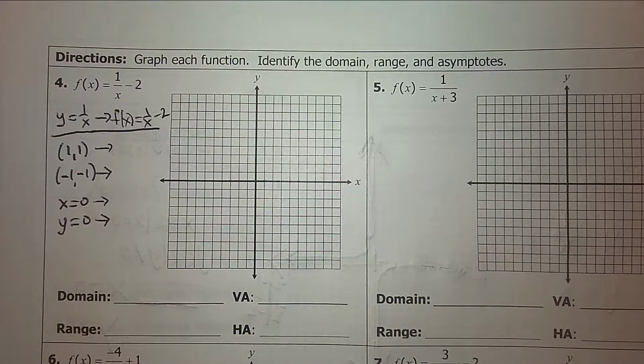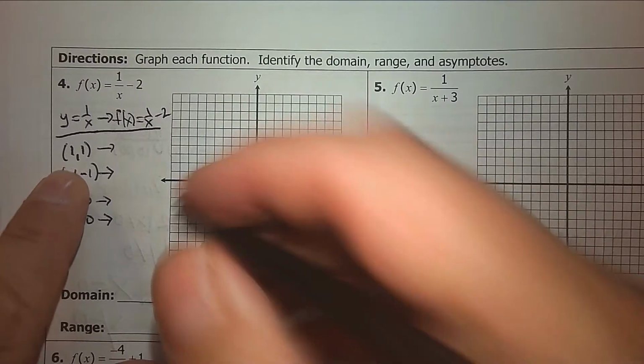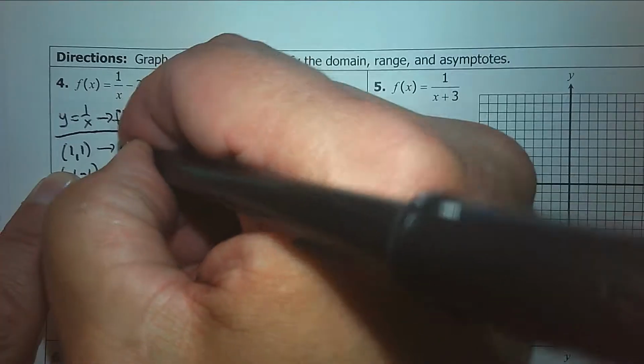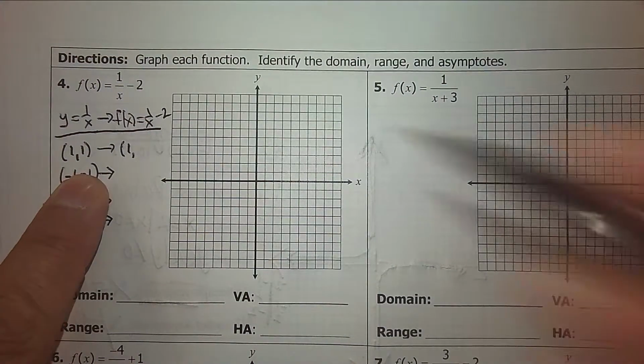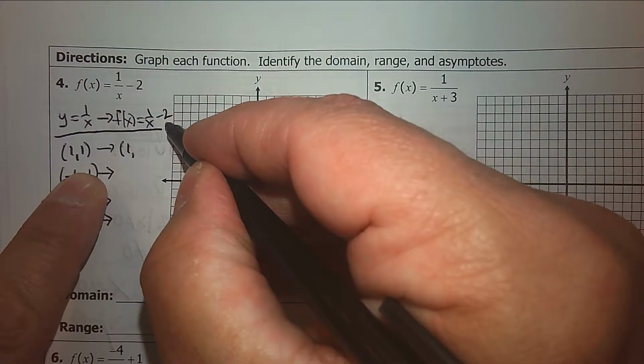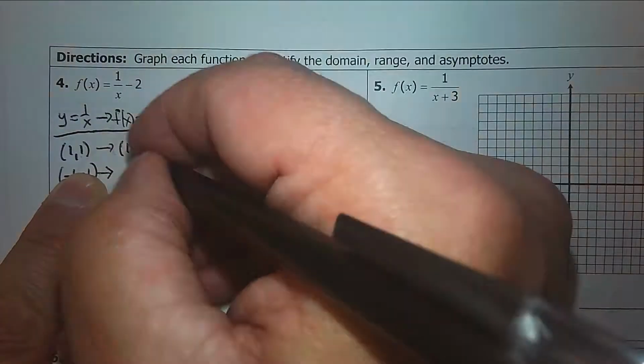And I take each y value, and what do I do with it? Subtract 2. The x values all stay the same because they haven't been changed. So the x value 1 stays the same. And then what do I do with the y's? Subtract 2. And what's 1 take away 2?